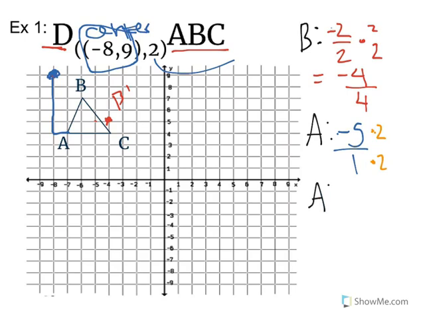So our new rise and run is going to be -10 over 2. So that's what we're going to do. From the center, we're going to go down 1, 2, 3, 4, 5, 6, 7, 8, 9, 10. And then to the right 2. 1, 2. So this is where A prime will be.